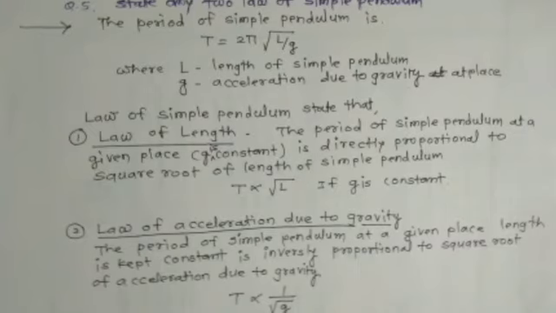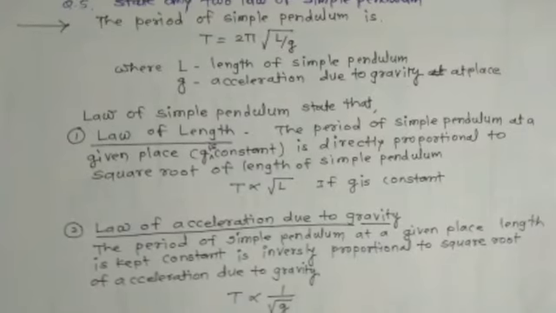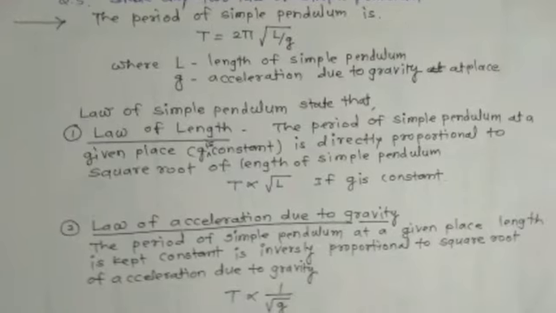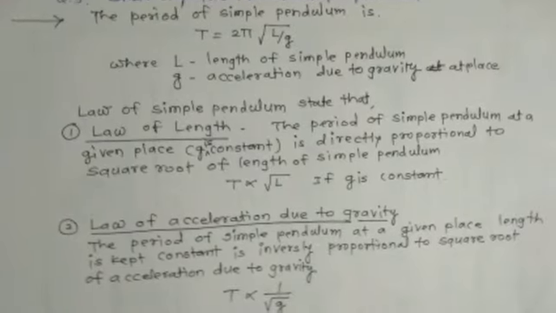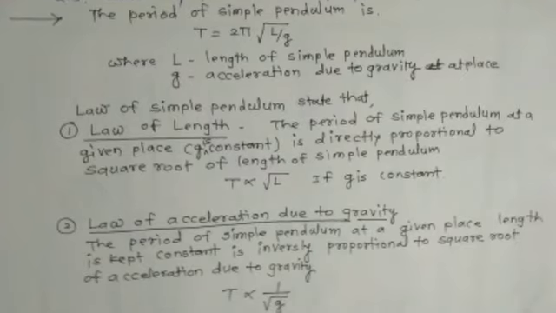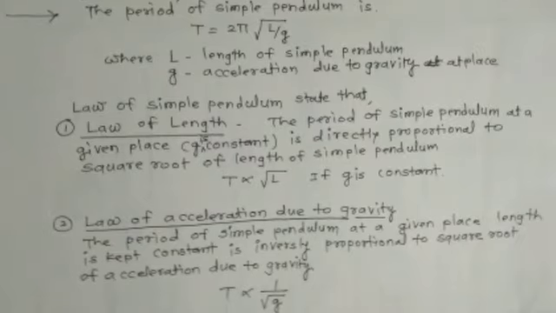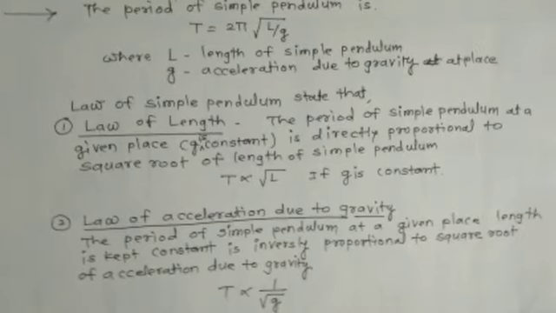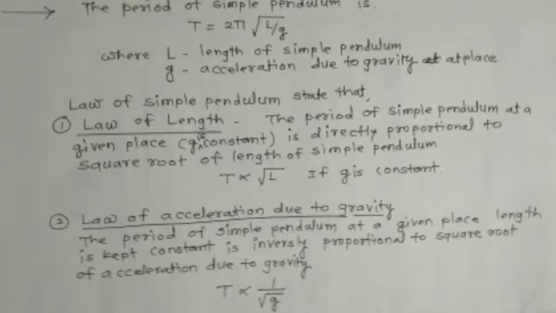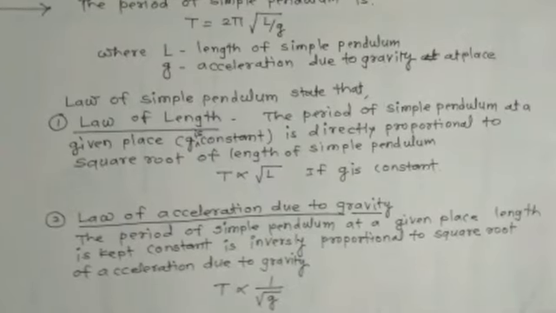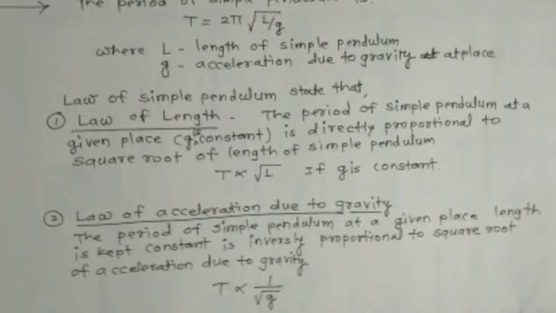So the laws of a simple pendulum state that, number 1, law of length: the period of a simple pendulum at a given place, if g is constant, is directly proportional to the square root of the length of the simple pendulum. Therefore, capital T is directly proportional to square root of L if g is constant.